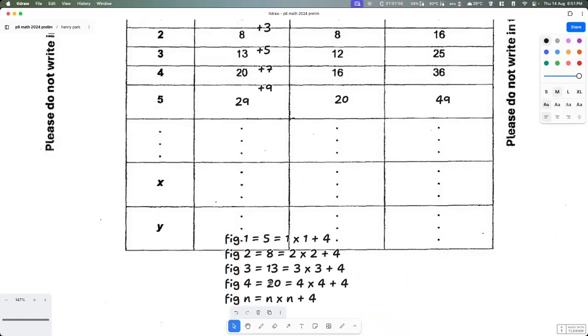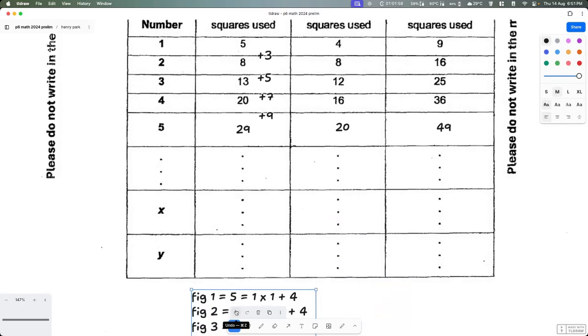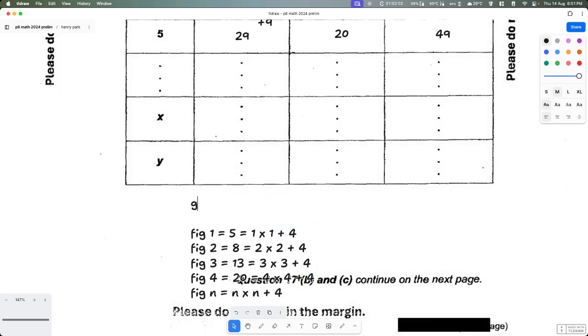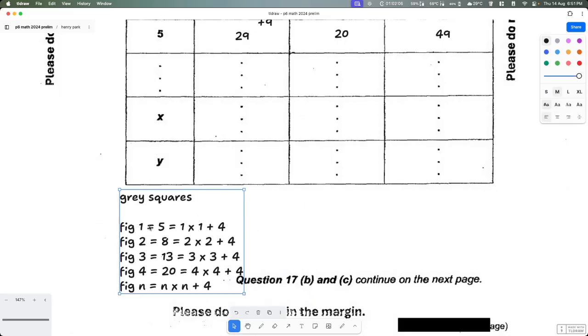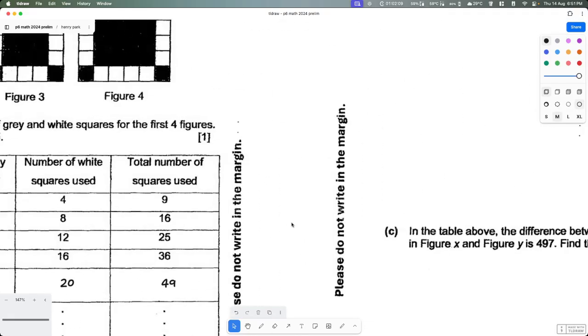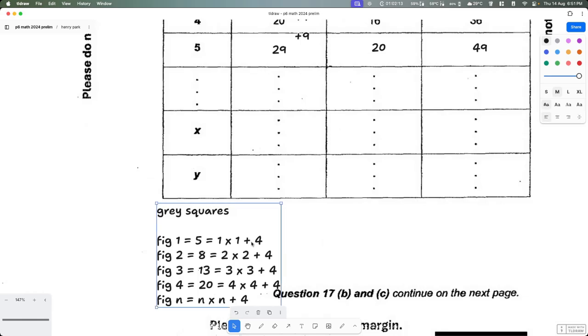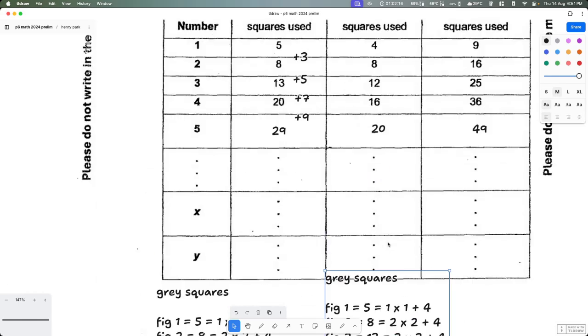Okay, so this is for number of gray squares. Right. So for B, 1004. At the same time, I'll do the white squares.